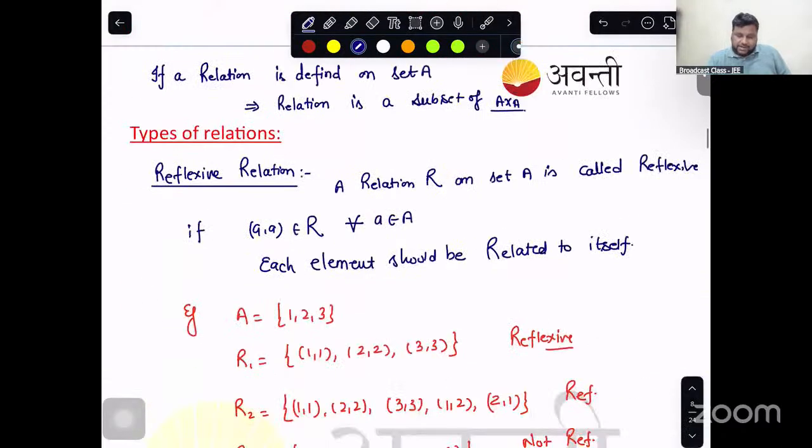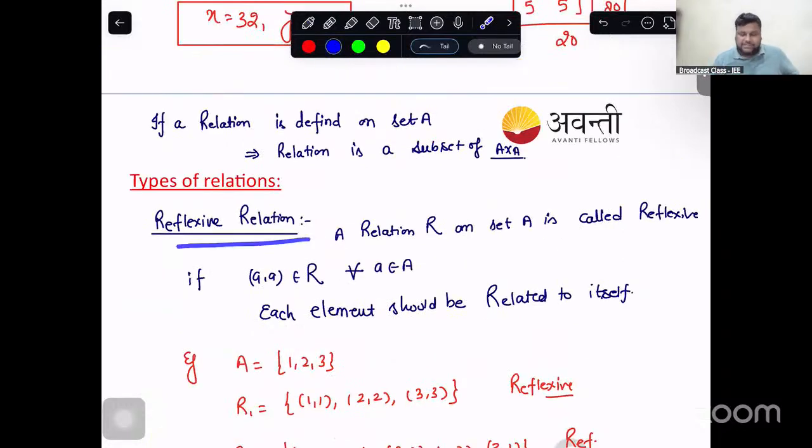So we started with reflexive relation. A relation R on set A is called reflexive if each and every element is related to itself. Even if a single element, out of say 2000, is not related to itself, we will call it not reflexive.